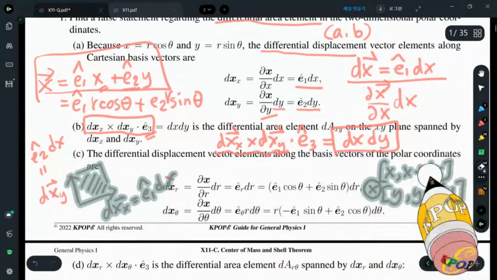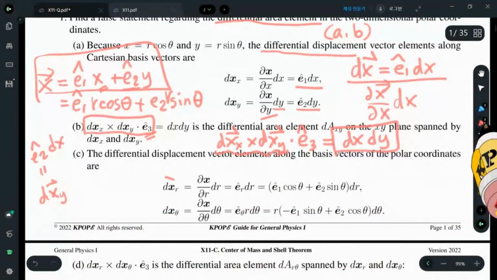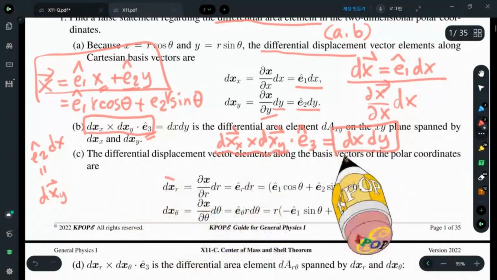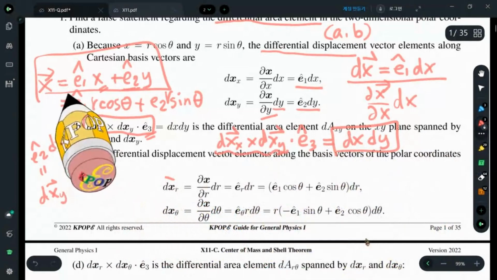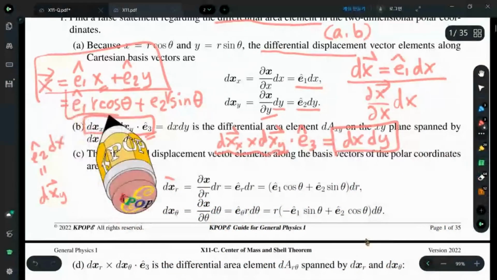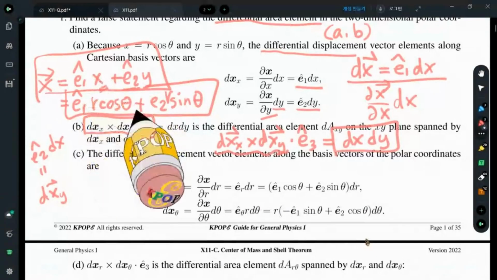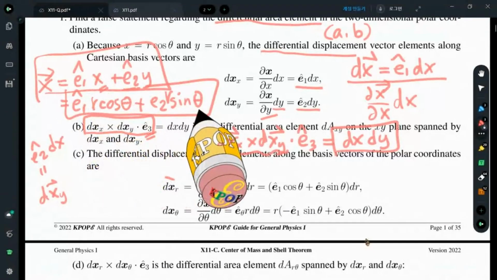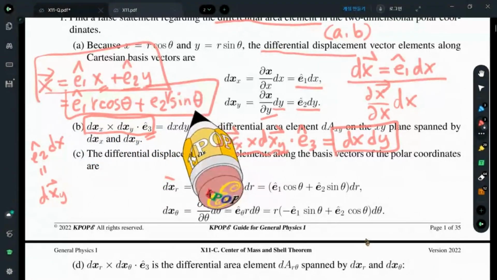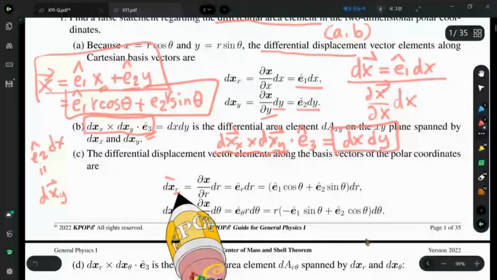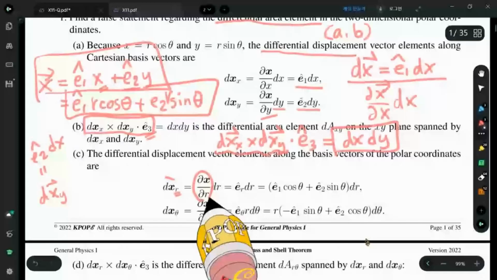Now let us extend this idea to polar coordinates. For polar coordinates, I use this definition. The x coordinate is r cosine theta, and the y coordinate is r sine theta. Now, I would like to vary r only, that is, take the derivative with respect to r.